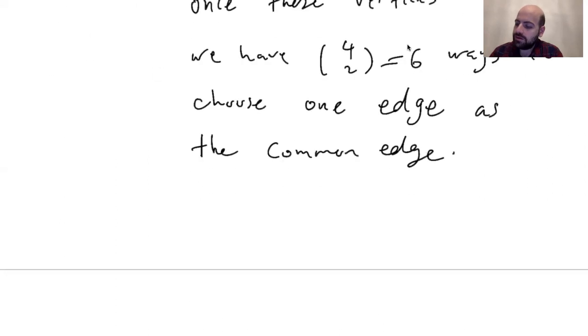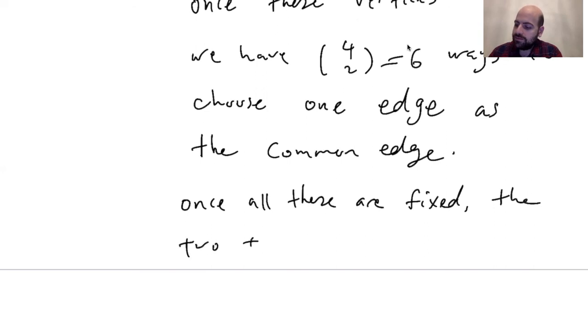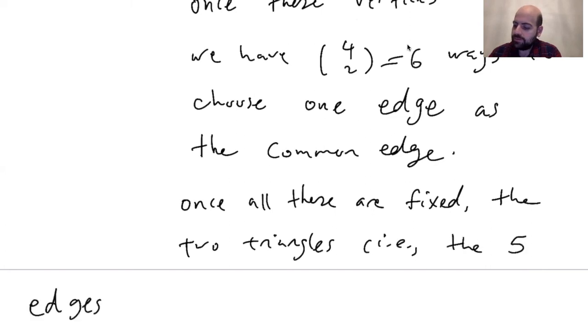So once all these are fixed, the 2 triangles, i.e. the 5 edges, appear with probability p to power 5.